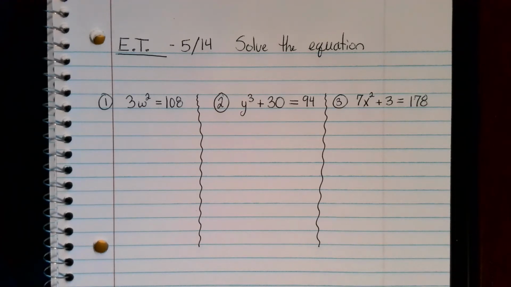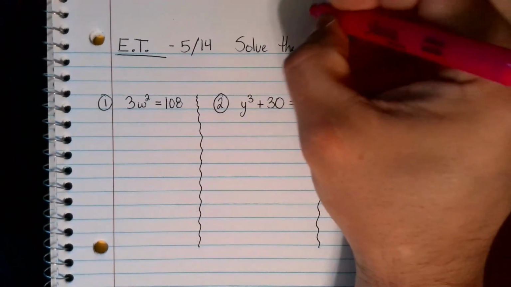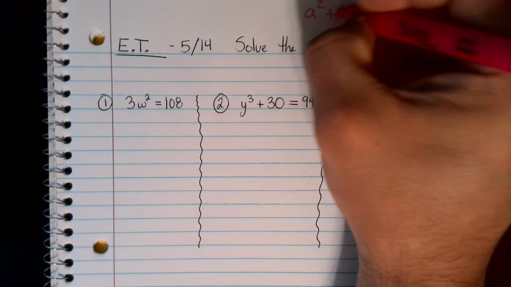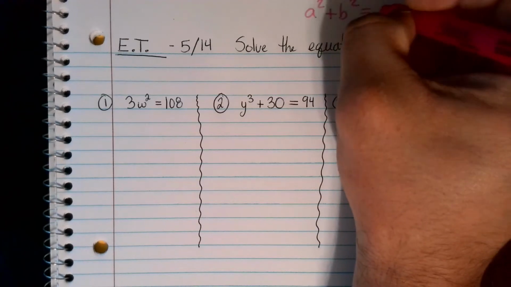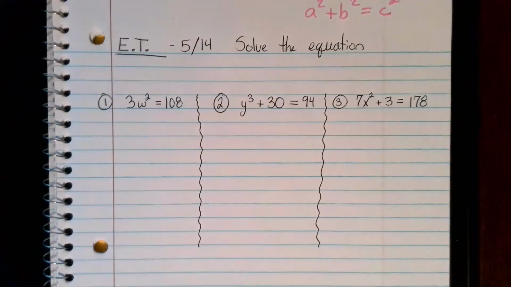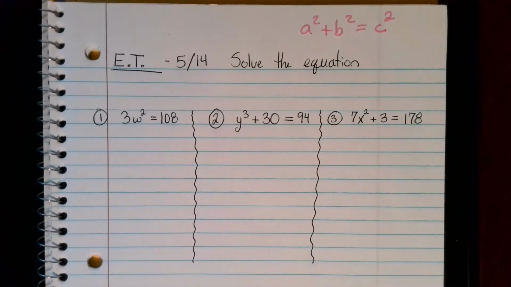As we get good at doing these types of problems, next week we'll be introduced to what's called the Pythagorean theorem. And the Pythagorean theorem will simply be this formula: a squared plus b squared equals c squared. The a, b, and c will stand for different parts of what we'll learn as a right triangle.